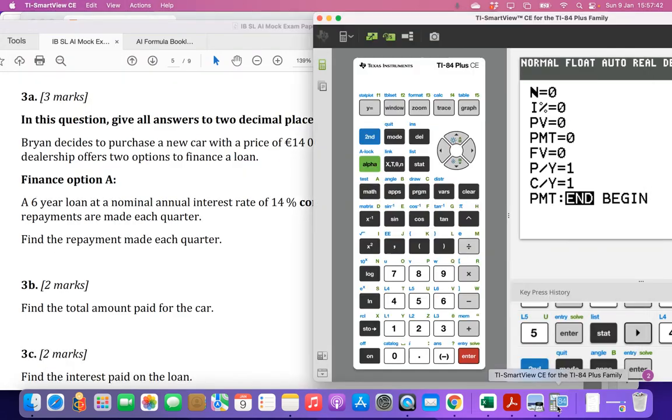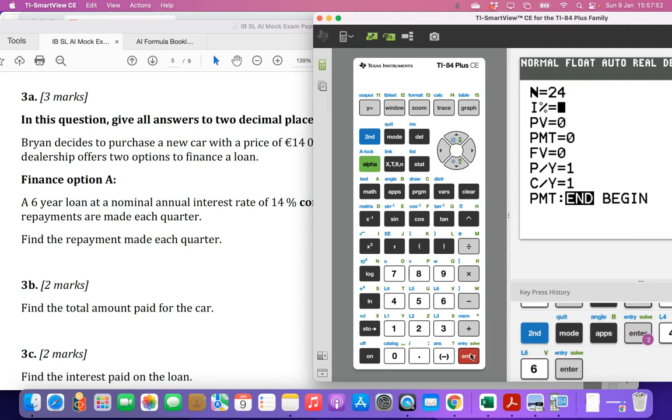So 4 quarters times how many years is it? 6. So I could just do 4 times 6 up here and get the number of payments. The interest rate is 14% per annum.